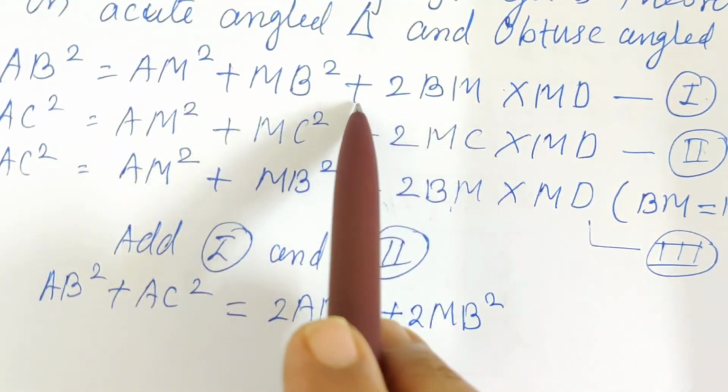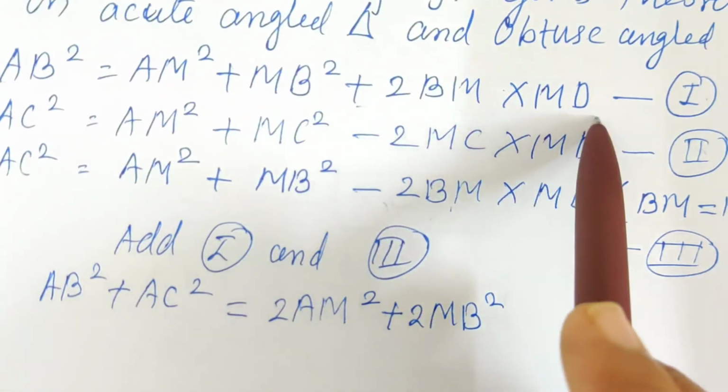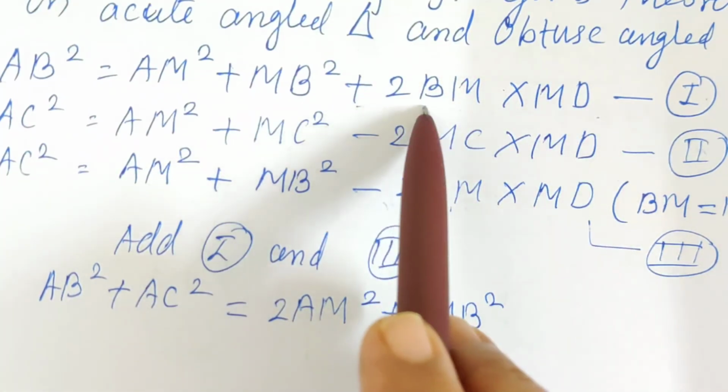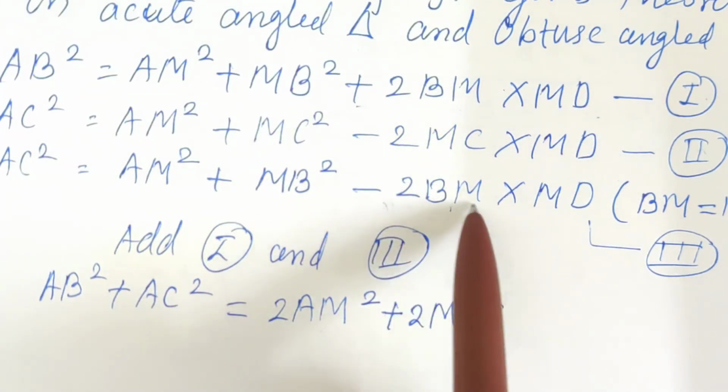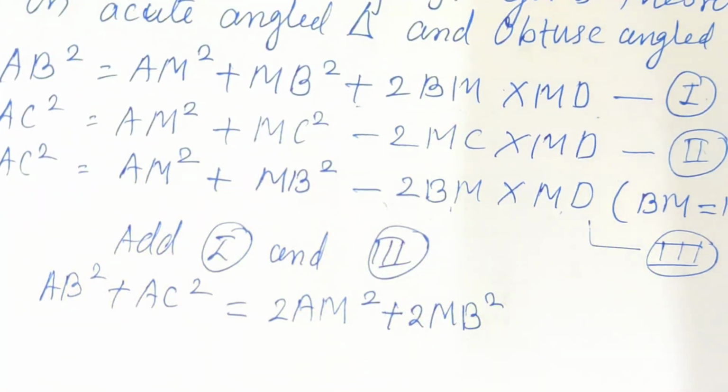And here you see plus 2BM multiplied by MD, that means plus 2BM MD minus 2BM MD will be cancelled because they are plus minus with the opposite sign. So they are cancelled. So remain is what? AB square plus AC square is equal to 2AM square plus 2BM or MB square. And this only we have to prove.